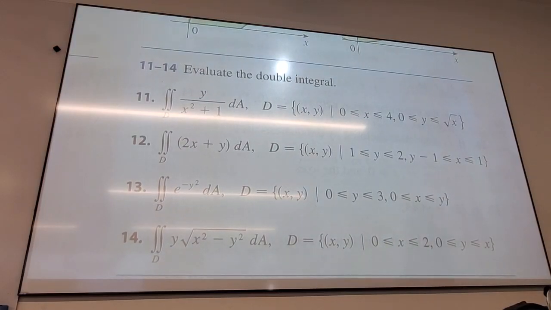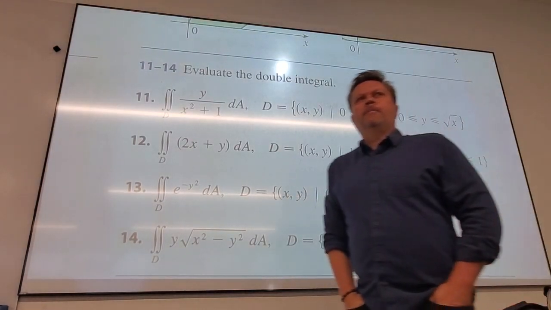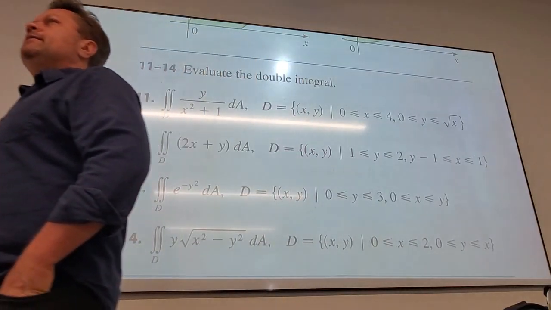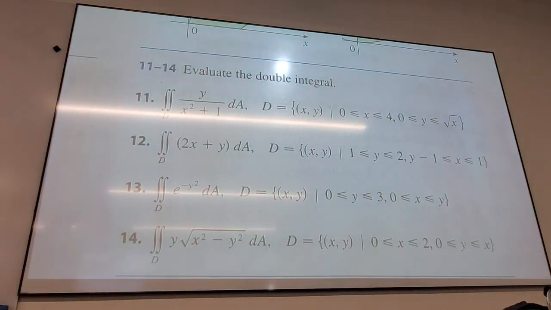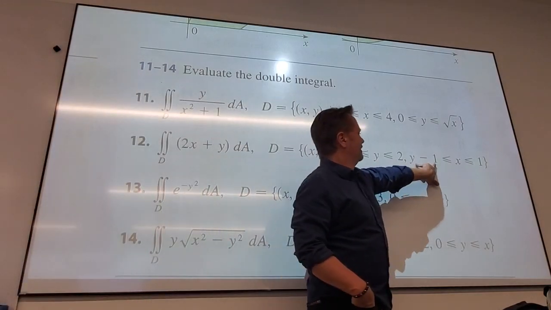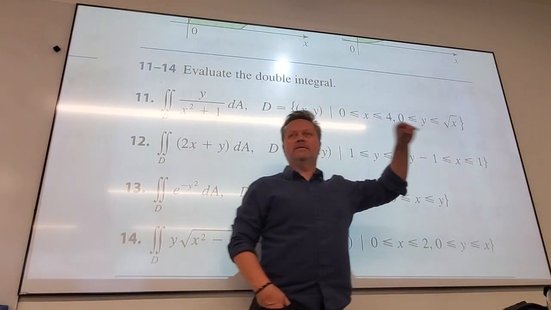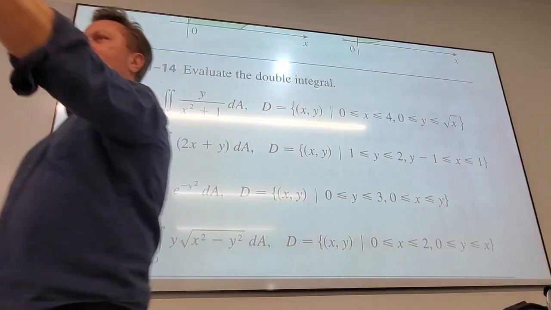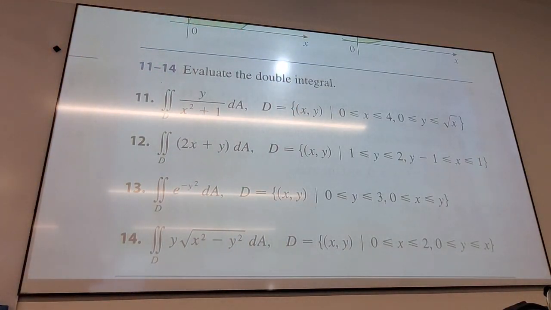Does anyone notice something, why isn't this as nice as it could be? What's another way I could say that? What part of this tells you you're going to have to be a little bit careful? What do you wish was here? Just a number. That would be amazing, because then we'd have a rectangular thing, and it doesn't matter which way you set it up, yes?